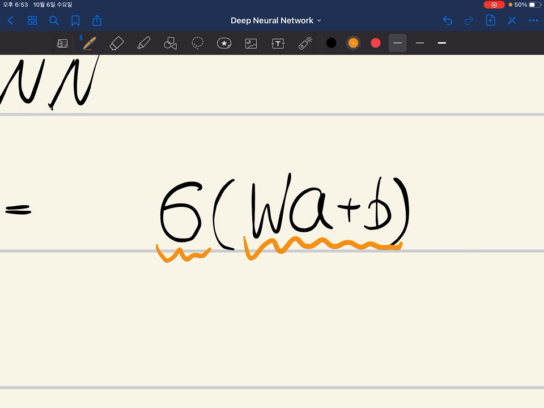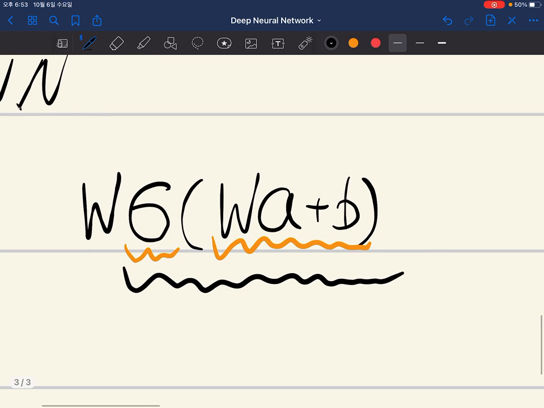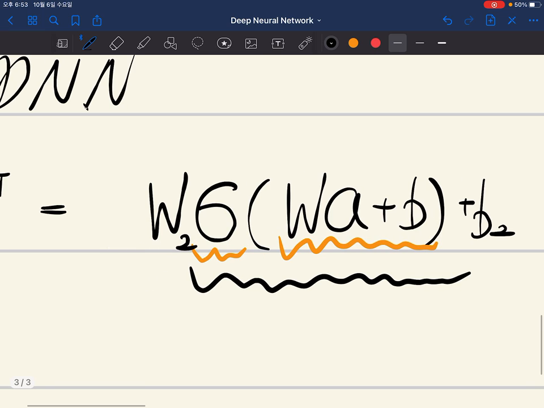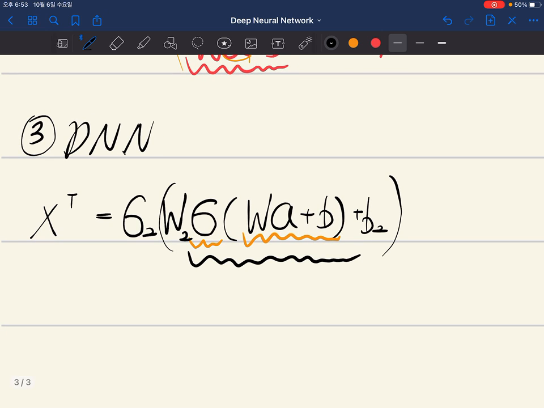Then it's a nonlinear factor model, and we understand this as another initial factor matrix, and we can take another affine transformation as follows and take another nonlinear transformation using the nonlinear activation function.